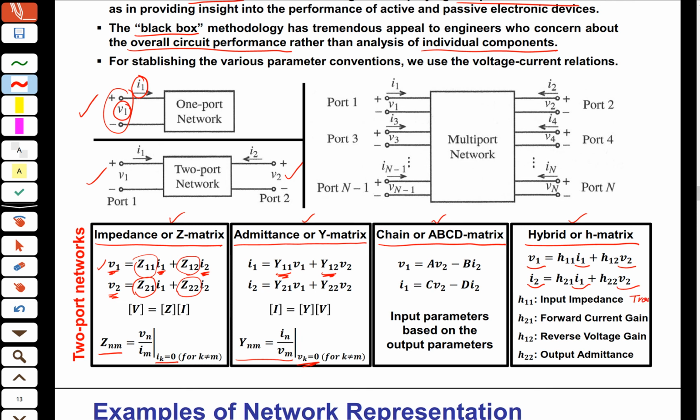Remember that in low frequency we look at the HFE and the H11. So these are what we learned from analog electronics. Because the output voltage, for example, is dependent on the input current. So this is the relation.